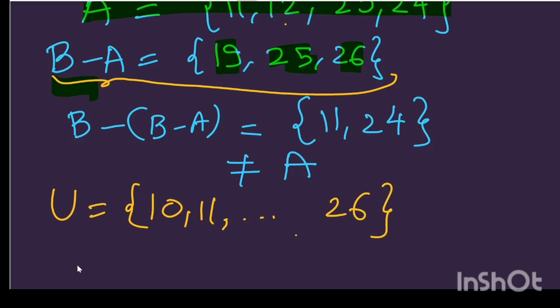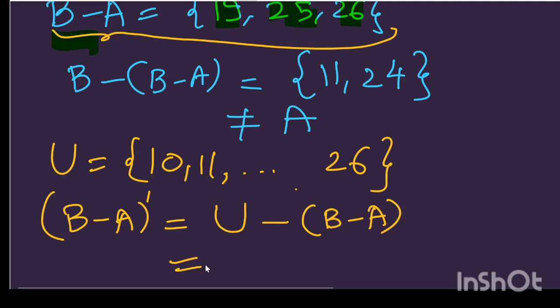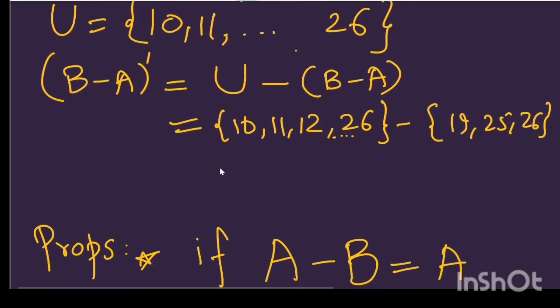B minus A whole complement, B minus A dash, means we have to select numbers from U and subtract B minus A. So from U, which is 10, 11, 12 till 26, if you subtract B minus A, which is 19, 25, 26, what you will get is 10, 11, 12 till 18.